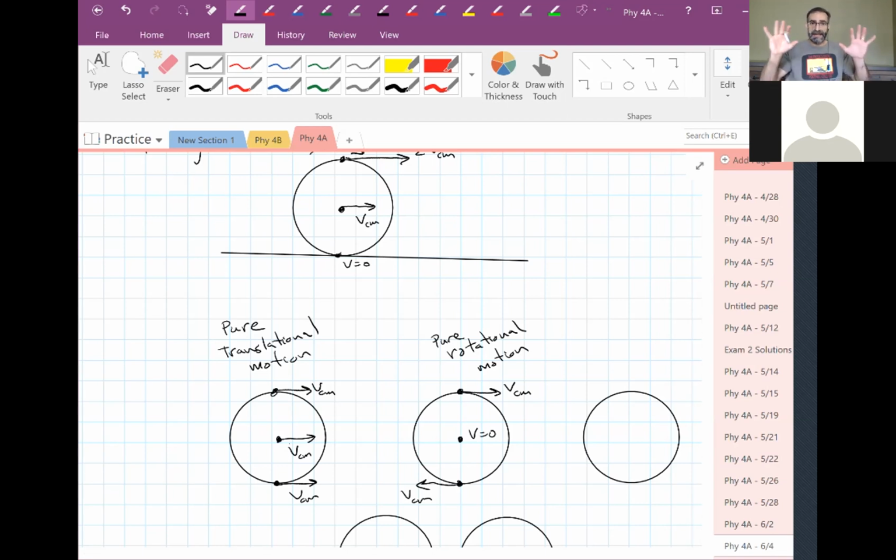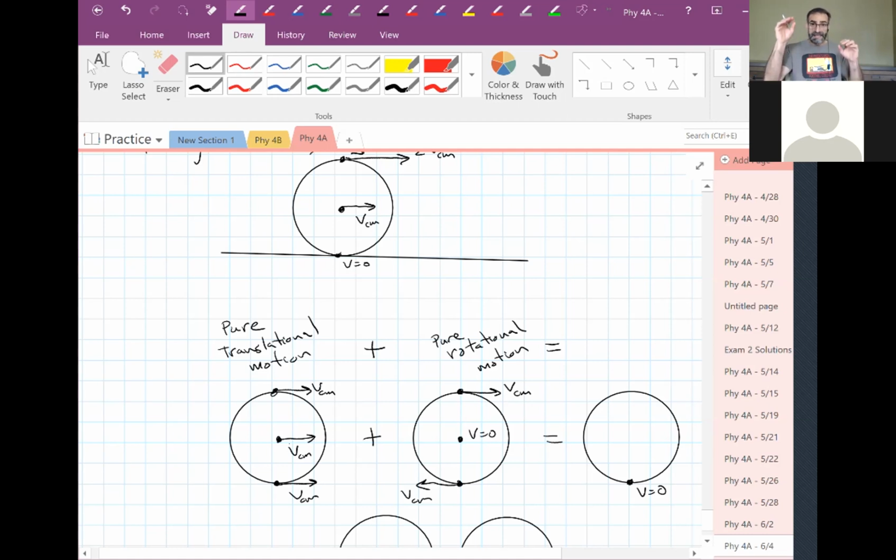Now, what if I combine these two? If I add them together, pure translational motion plus pure rotational motion. What do I get? At the bottom, where it's touching the ground, I get v going one direction, v going the other direction. I add them up, I get v equals 0.